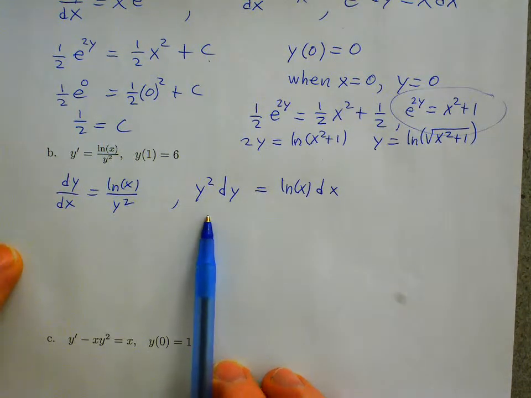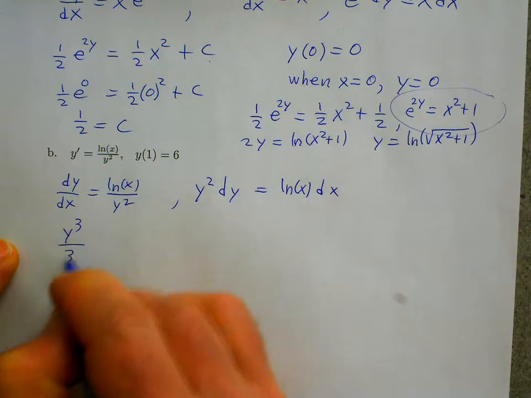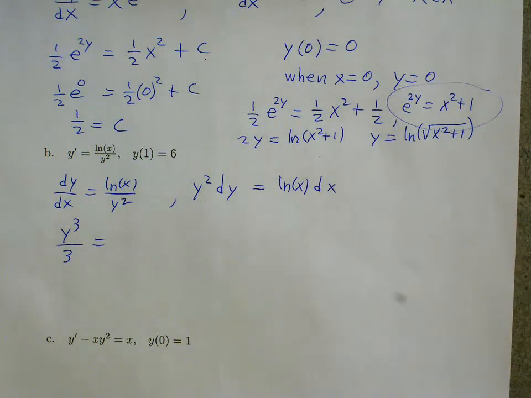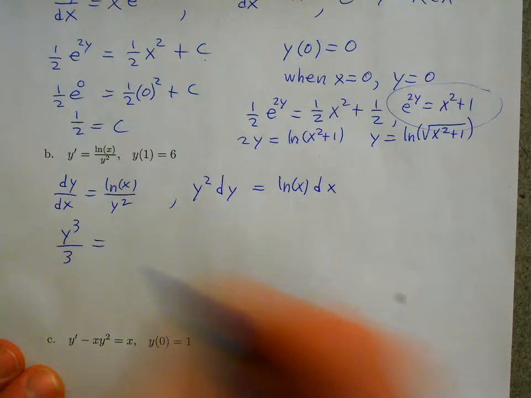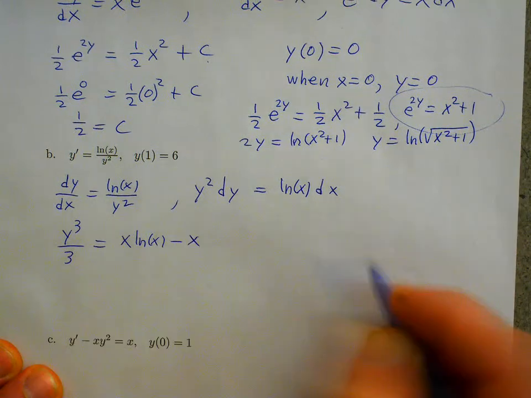An antiderivative of y squared with respect to y is y to the third over 3. And an antiderivative of the natural log of x is x times the natural log of x minus x plus a constant.